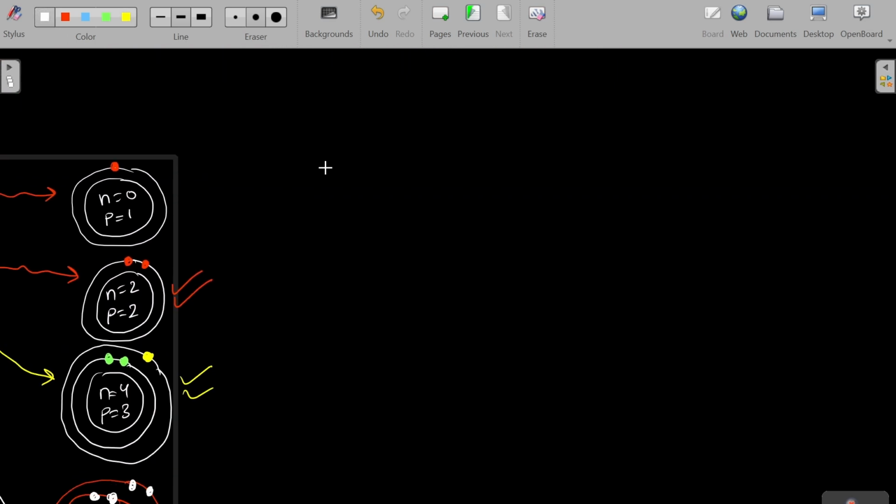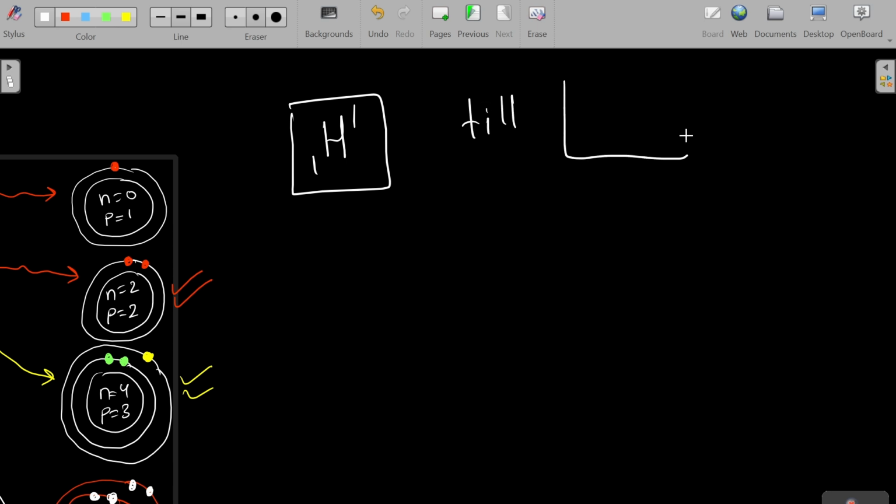If you're trying to practice this, try to practice the calculation of subatomic particles from hydrogen till calcium. So calcium would look like this in the periodic table. So you've got a journey to cover from hydrogen till calcium.